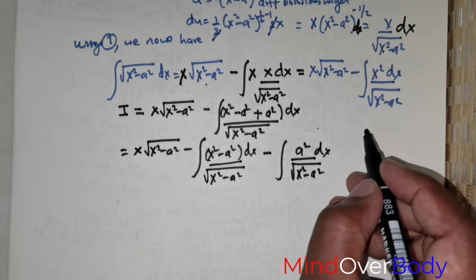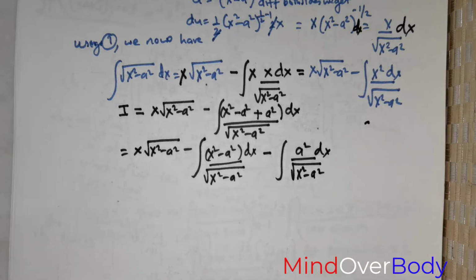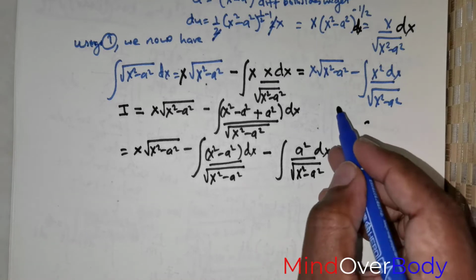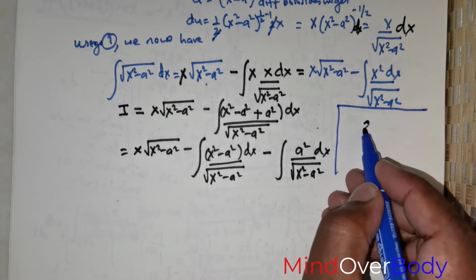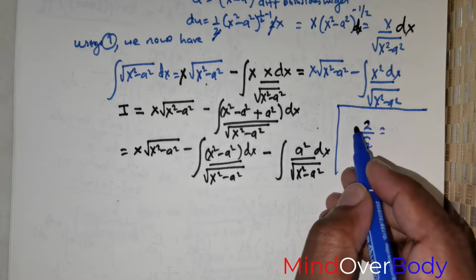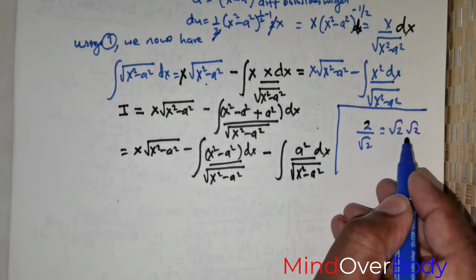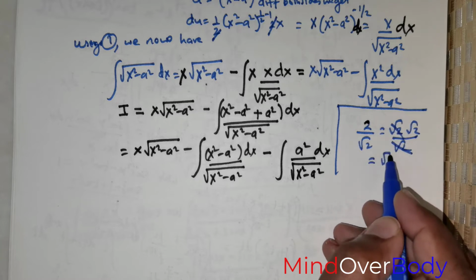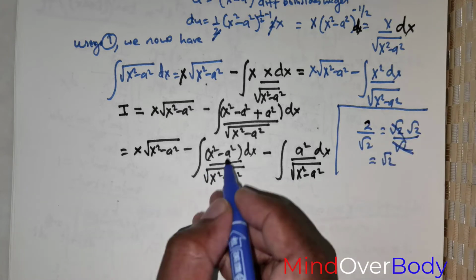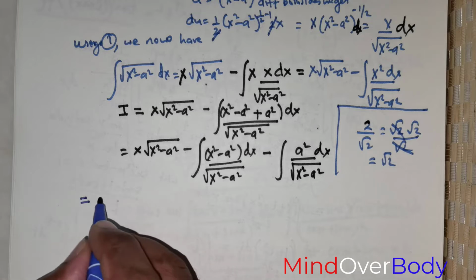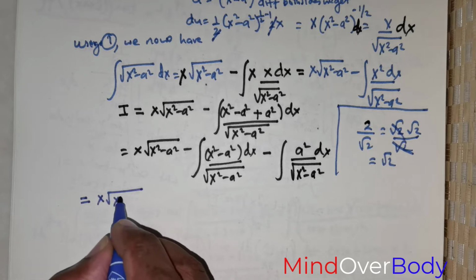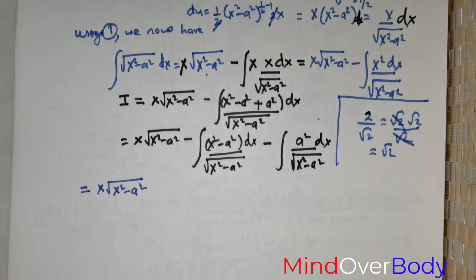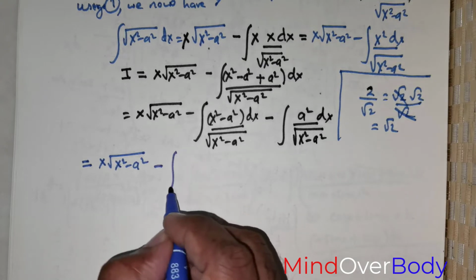Now we know that if I have a quantity like 2 divided by root 2, I can rewrite this as root 2 times root 2 over root 2, and root 2 can be cancelled, giving me root 2, right? That's exactly what I'm going to do. So this is equal to x times root of x squared negative a squared negative integral.